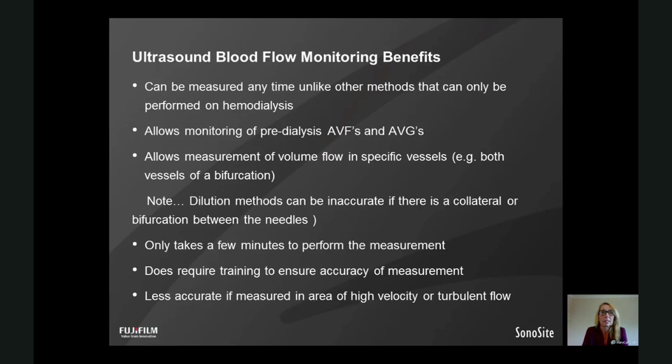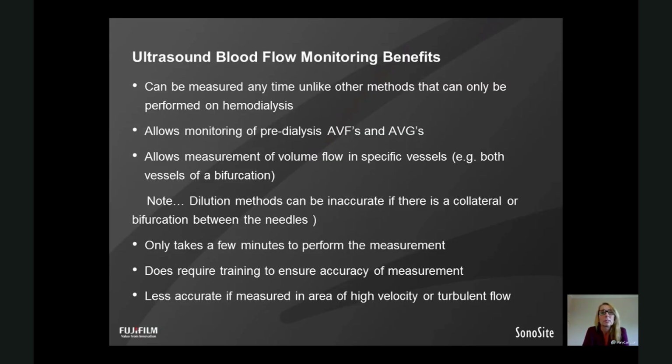So it doesn't give me an accurate volume flow measurement, and for those people, I either have to try to put 2 needles in the one vessel to do their measurement on the day, or if someone who's not aware that there's a collateral in between does a measurement, all of a sudden it looks like the volume flow's changed dramatically. So if I have 2 branches and I'm trying to get the surgeon to tie one off, I can measure both branches and let them know which one has the higher volume flow and which may be the best one to tie off.